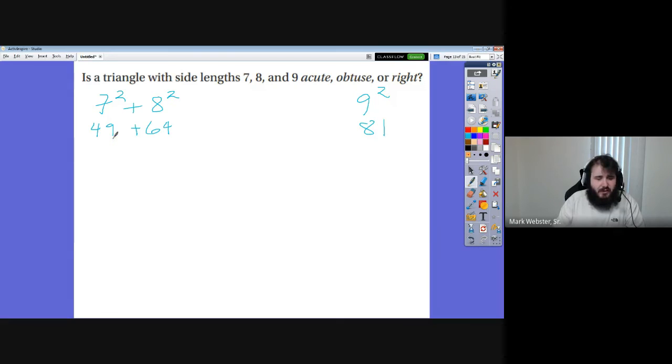Let's add these together. 113, these two legs, how does that compare to 81? Is 81 too big, too small, or just right? It's too small, right? So since this is too small, we've got an acute triangle.